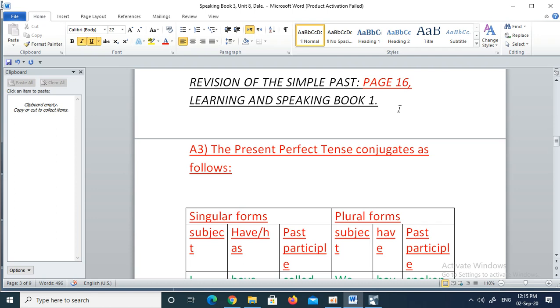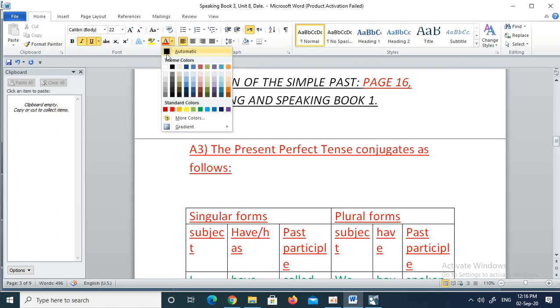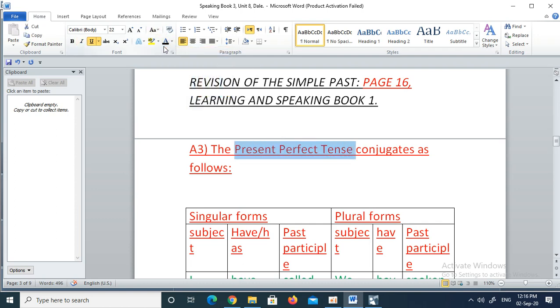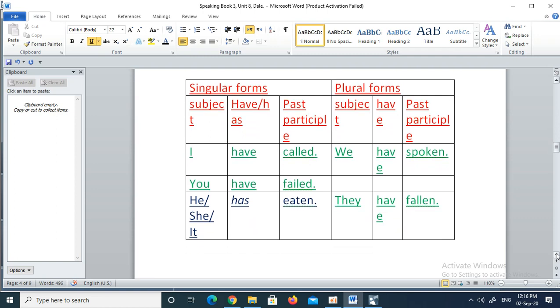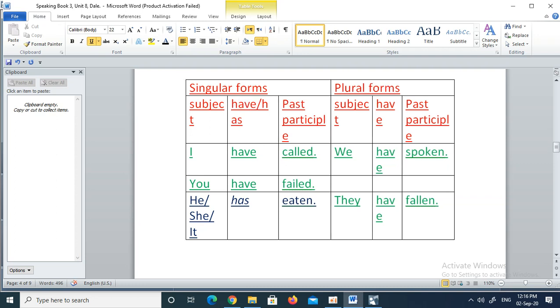All right, the other tense which we are looking at again today is the present perfect tense, which we have also done before, but if I can just jog your memory here, the present perfect, in its singular forms I, you, he, she, and it, and its plural forms we and they, is made as follows, with the verb have or has plus the past participle.